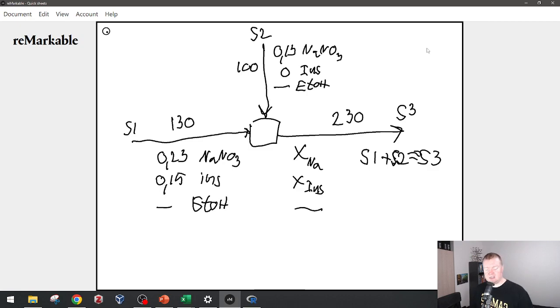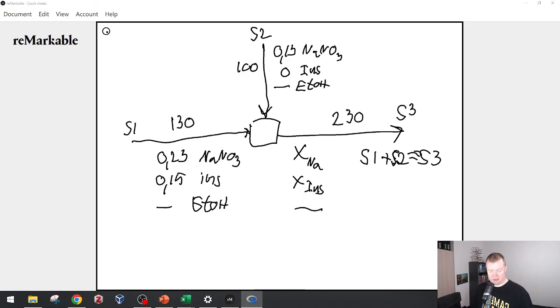Insulin is very easy, it only enters in one stream over here. It's 15% of 130. Calculator. 15% of 130. That means that the mass of insulin, not the percentage, the mass over here of insulin will be 19.5.